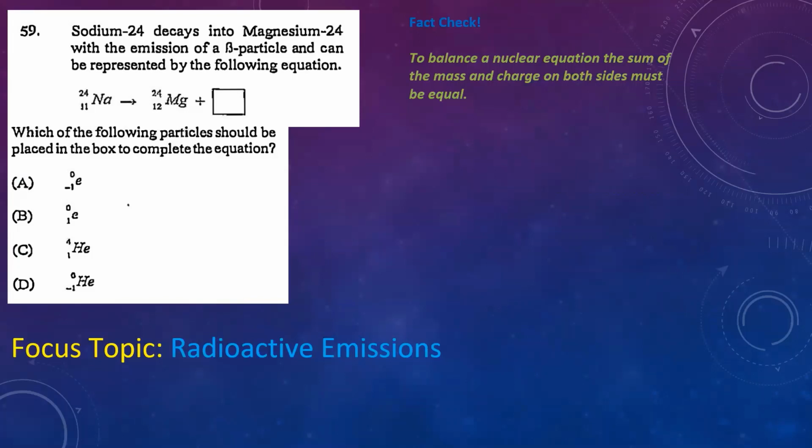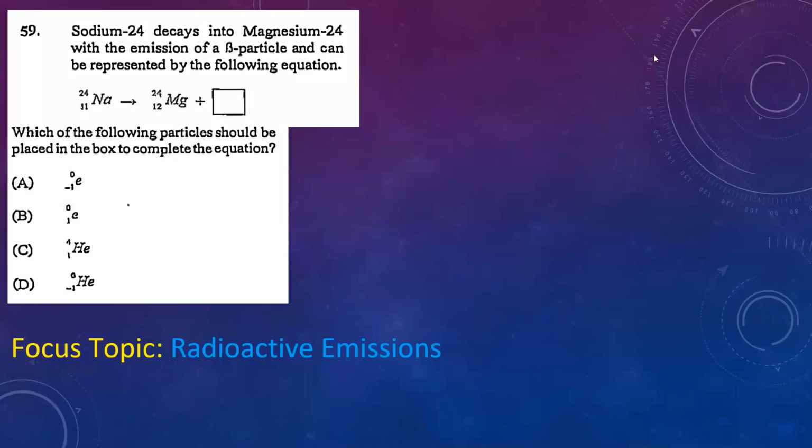Right. Sodium-24 decays into magnesium-24 with the emission of a beta particle, and we have our equation there. Now we need to remember that we have an equation that is incomplete, and we want to fill in the correct particle that would complete the equation.